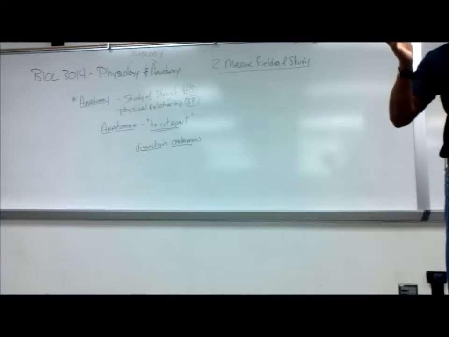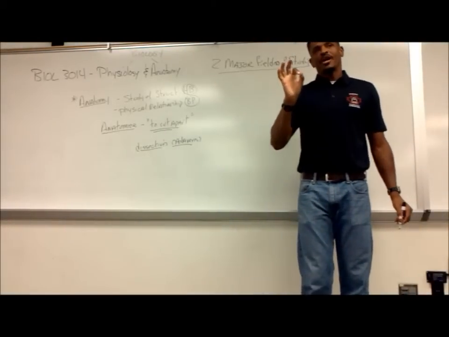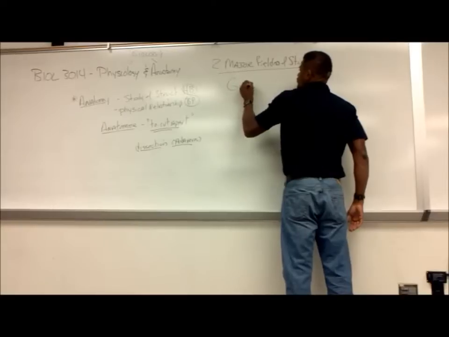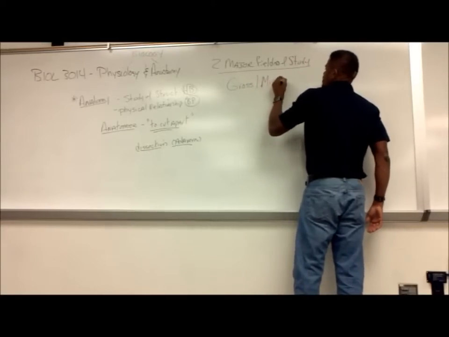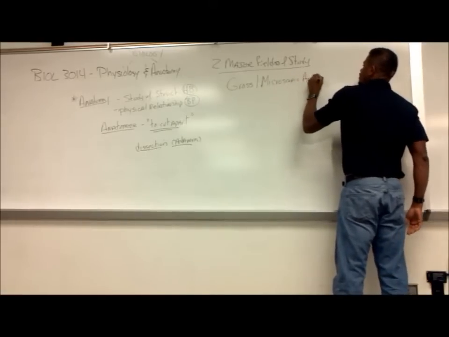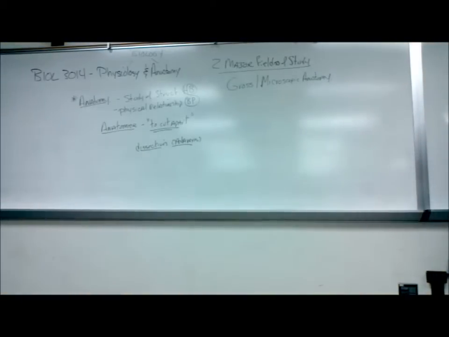Microscopic anatomy. Two major fields of study. So how do we study the structures of the human body? We can study it in two ways. We have gross anatomy and microscopic anatomy. There are two major fields of study, gross anatomy and microscopic anatomy.